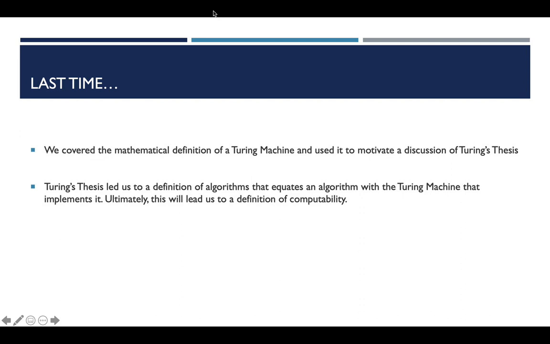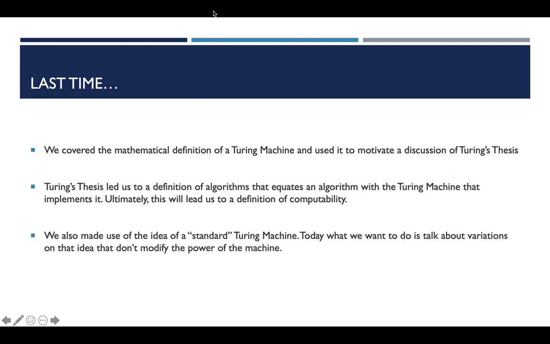Ultimately, at the end of that path, we are going to get to a much more rigorous mathematical definition of what computability actually means. So what does it mean for a problem to be computable? What are the practical or pragmatic considerations around the computability of a problem, et cetera?